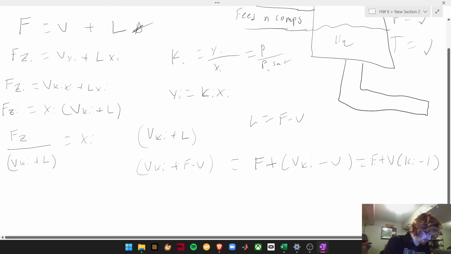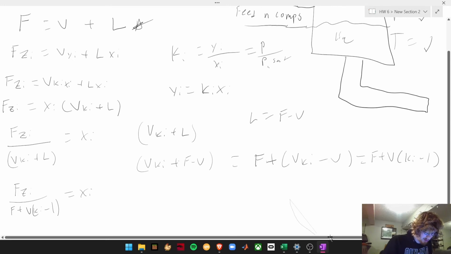So if we want to substitute that back into our equation over here, the total moles times the mole fraction, F Zi, is going to be equal to F plus V times Ki minus 1, times Xi.